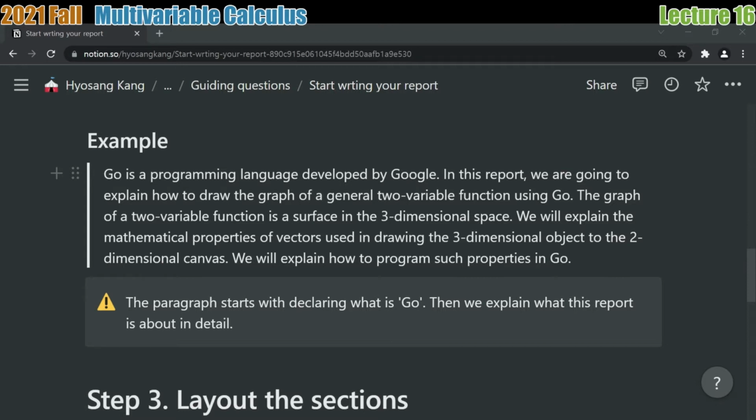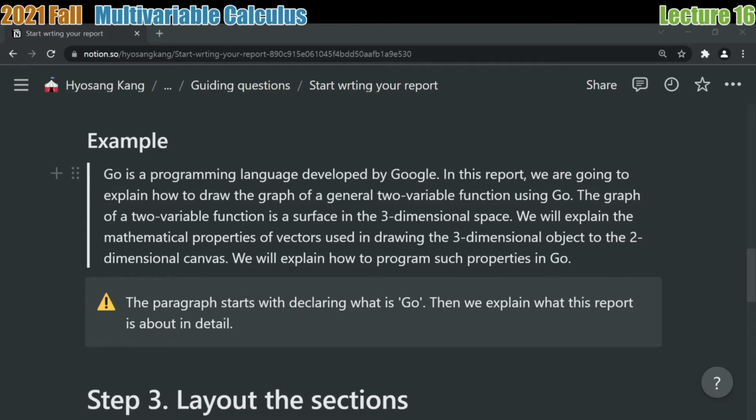And then in this report, we are going to explain how to draw the graph of general two variable function using Go. So the second sentence clearly or specifically guides the reader to what is in this report. So the title is like a concise version of the second sentence.